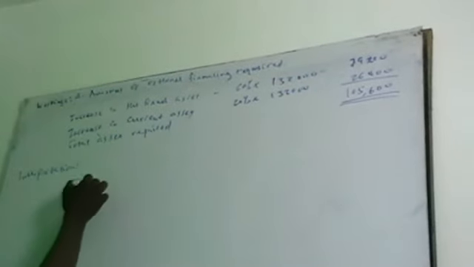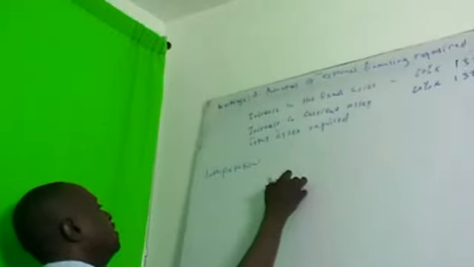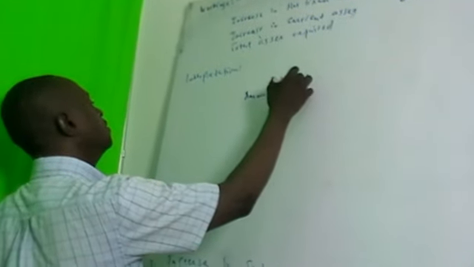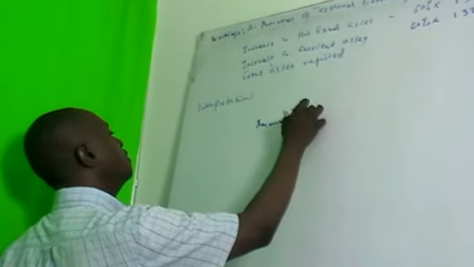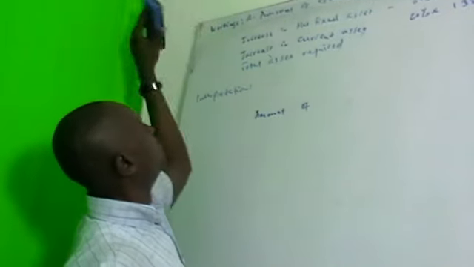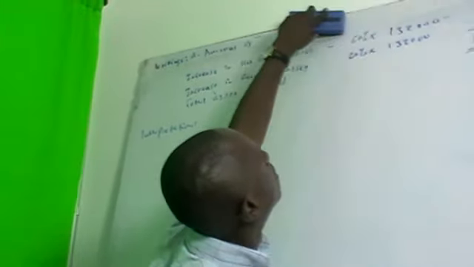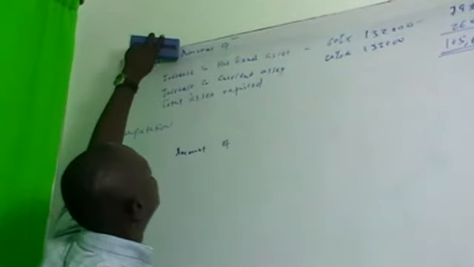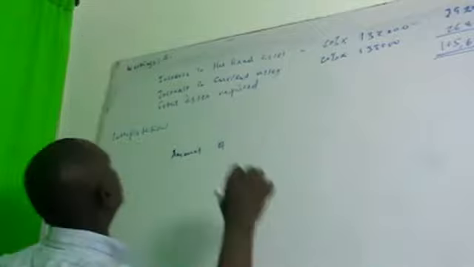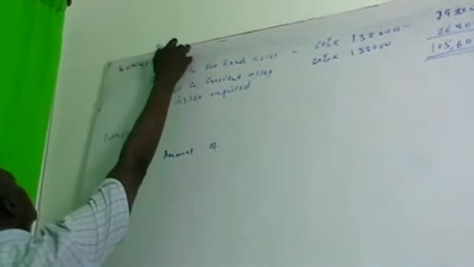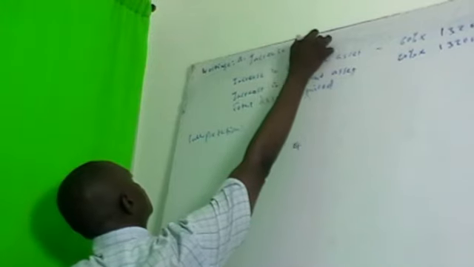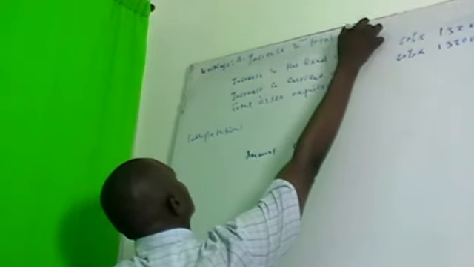After that, interpretation. Now, interpretation, I've already explained it there. So we have here amount, we can have it as increase in total assets.